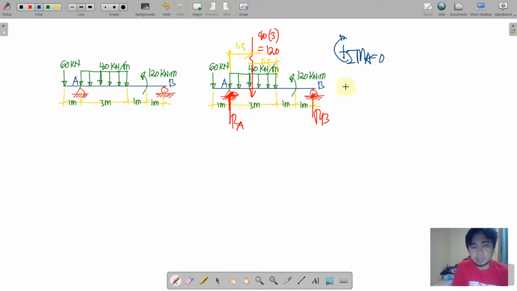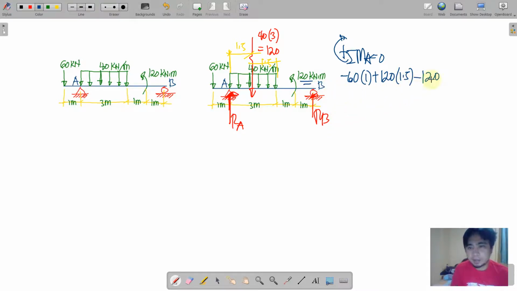So 60 has a counterclockwise direction, so that is negative 60 times moment arm of 1, okay, and then 120 here would have a clockwise rotation times the moment arm, which is equal to 1.5, and then minus 120, okay, we have no moment arm because this is a couple, so do not look for the distance of that.